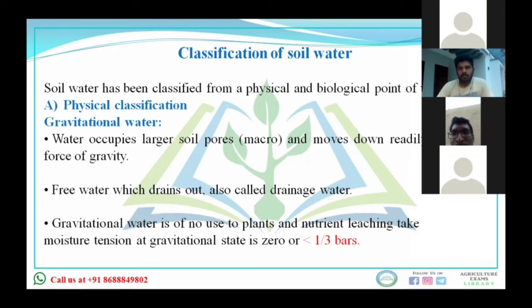If the particles are bigger, the flow or movement of water in the soil is more rapid, because if the particle is larger, the size of the pore is also greater. And if the pore is greater, water will percolate more easily and rapidly. That's why it is more in sandy soil than in clay soil.